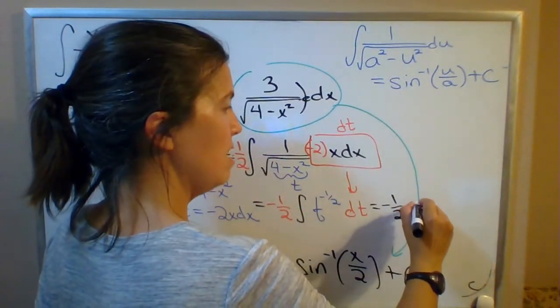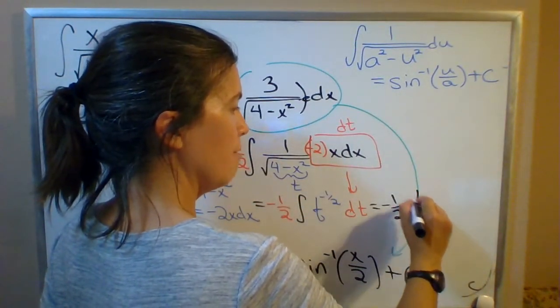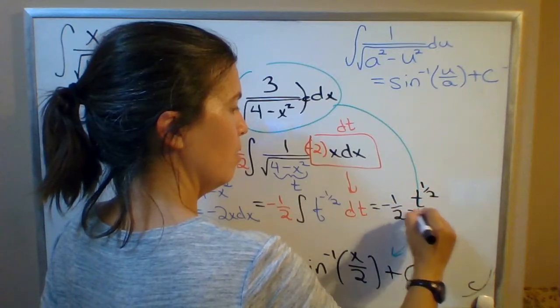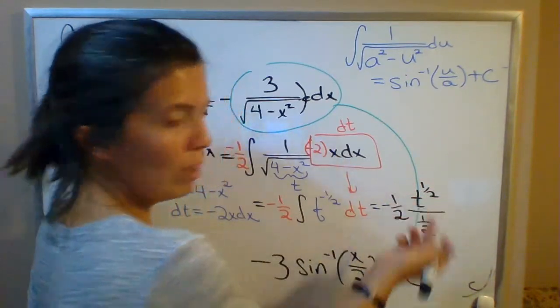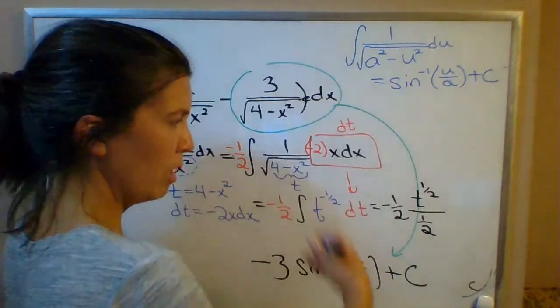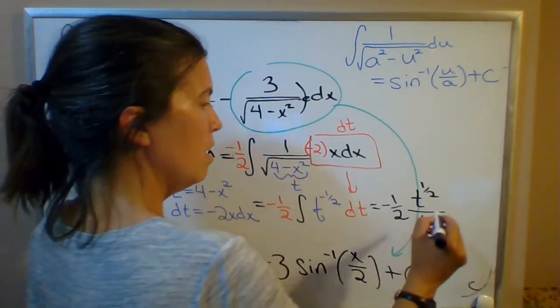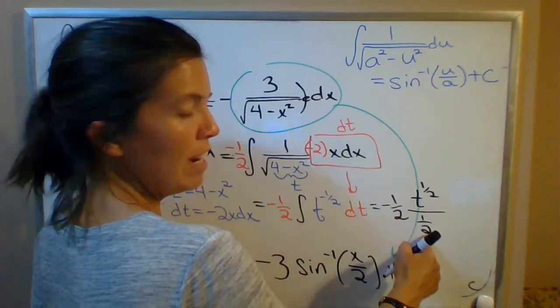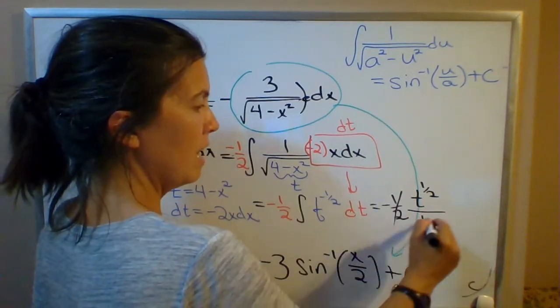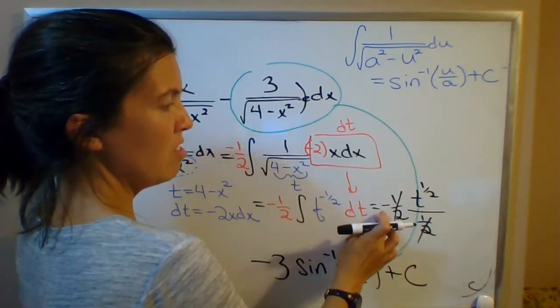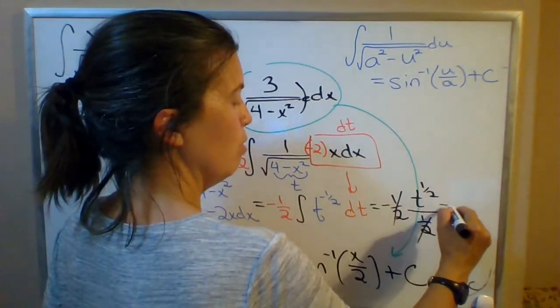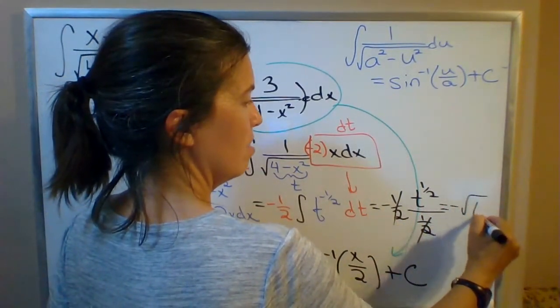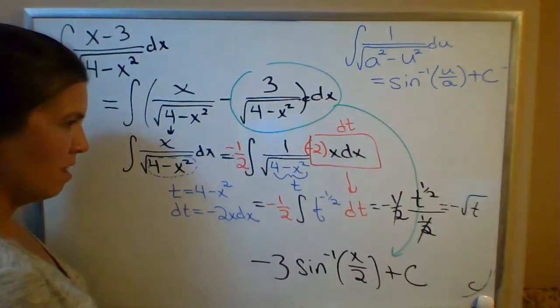So this is t to the positive 1/2 over 1/2. Or go ahead and multiply by the reciprocal like I was doing in a previous video. Either way. If I'm multiplying by 1/2 here, I'm dividing by 1/2 here, then these are going to cancel. And so we have just negative square root of t. Because that's t to the 1/2 plus c.